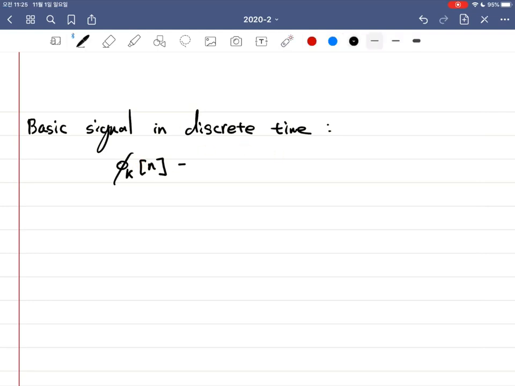And this equals e to the j large omega k times n. So t becomes n for discrete time, and omega k becomes large omega k, the capital omega, for this basic signal in discrete time.